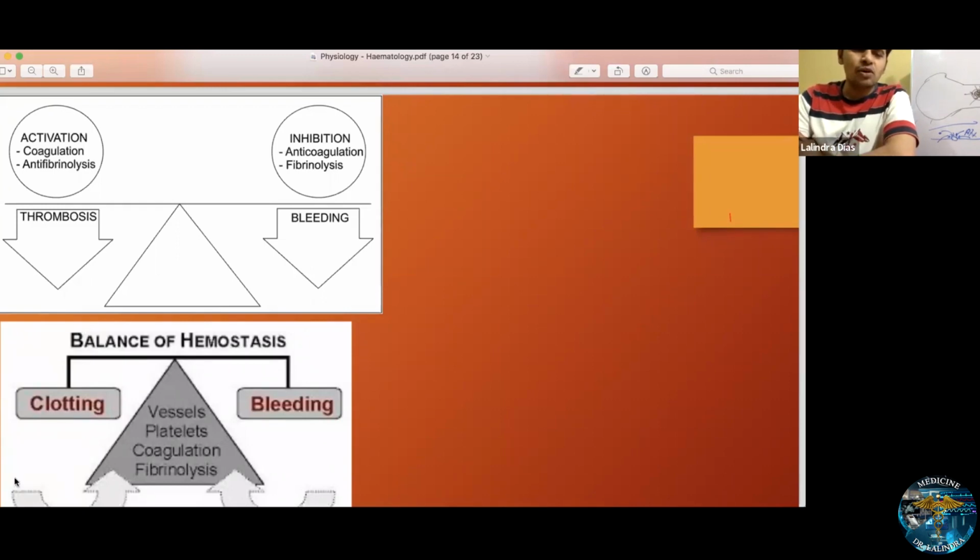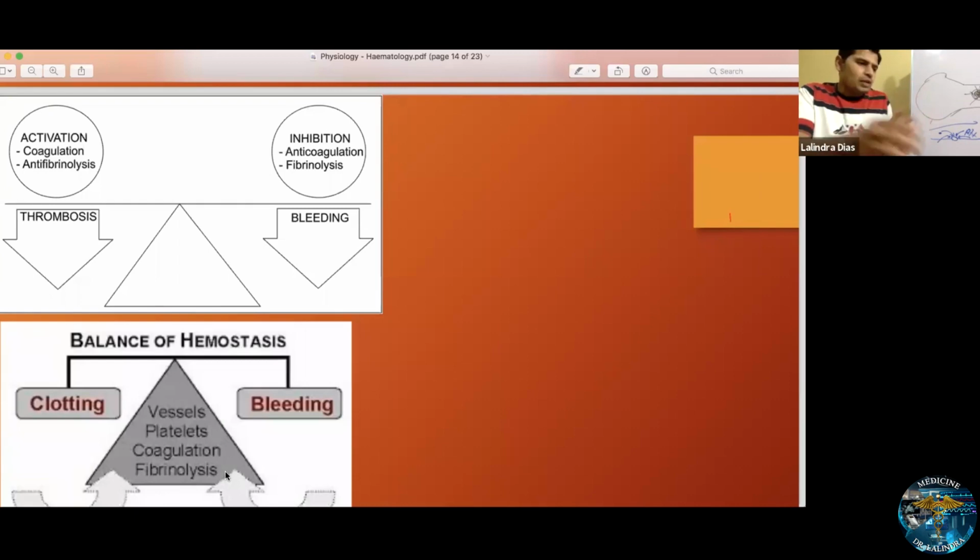On one side there's clotting, and on the other side there's bleeding, and you have to balance this very smoothly. So what are the things which play a role in hemostasis? The blood vessel itself, the platelets, coagulation, blood vessel factors, platelet factors, coagulation factors, and also fibrinolysis. So this is how it maintains the balance.